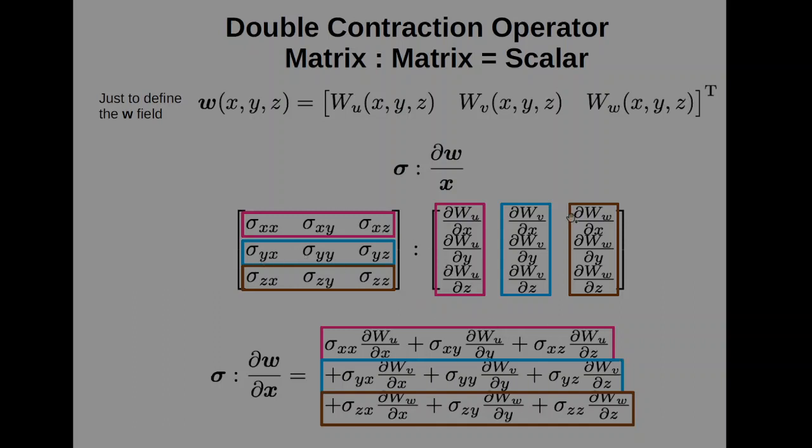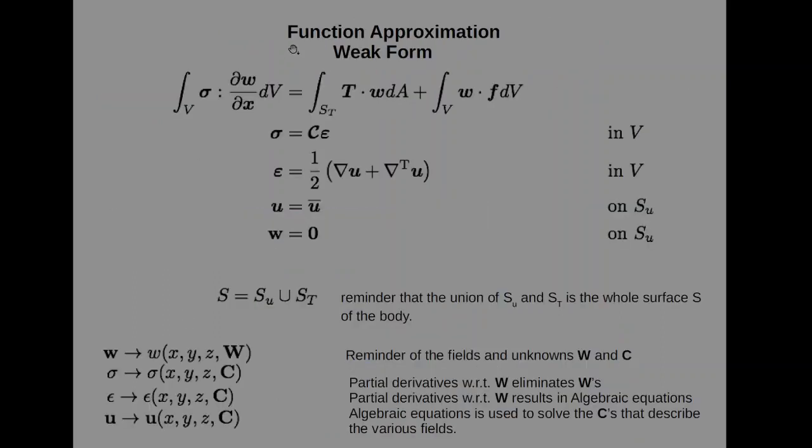Plus this multiplied with this, plus this multiplied with this, plus this multiplied with this. That's what I see here. And then plus this multiplied with this, and this multiplied with this. That's what I see there. And all of them sum together, that's what the double contraction means. Simple as that. So this is just to make sure that you can now follow and understand what we are doing here. Again, this double contraction, that's my scalar here.